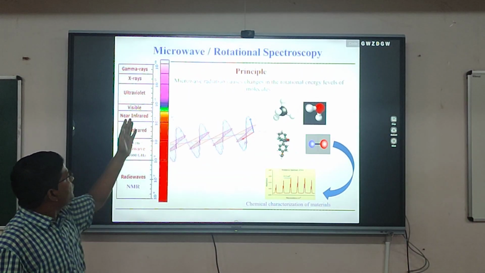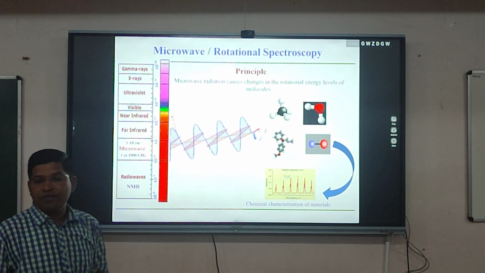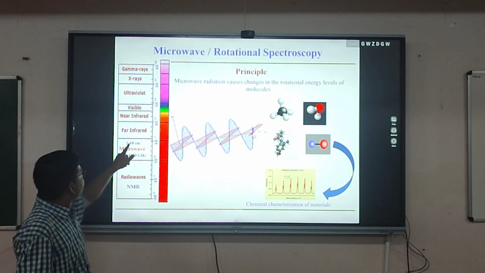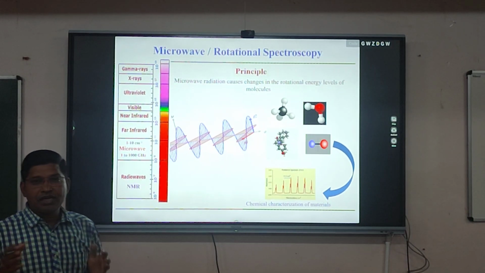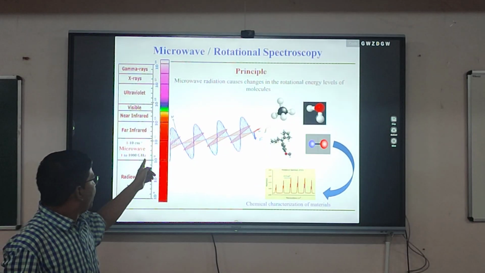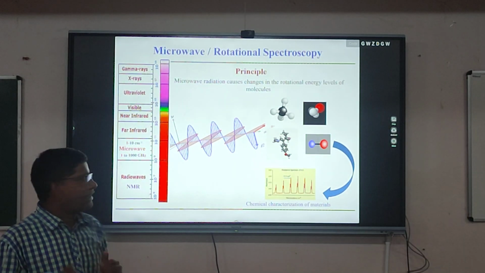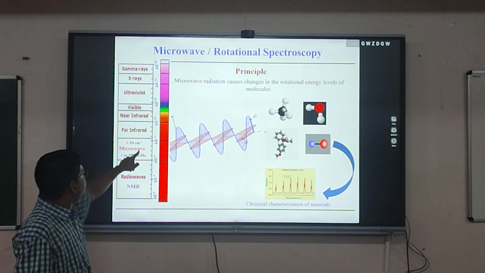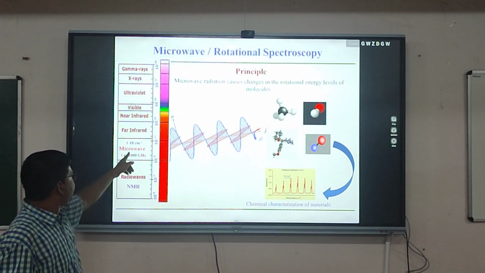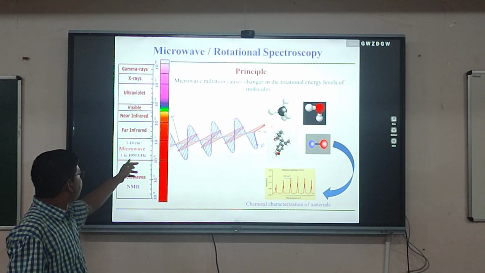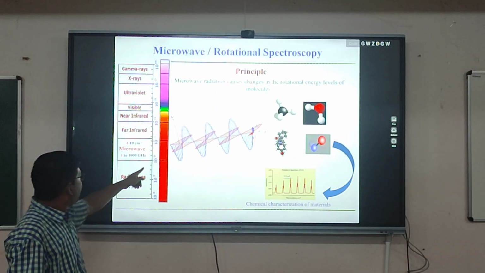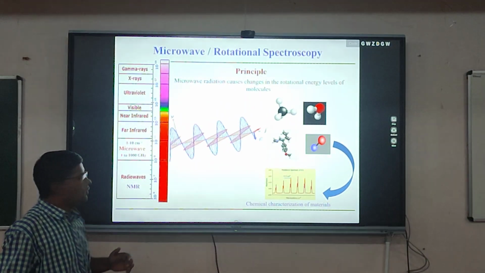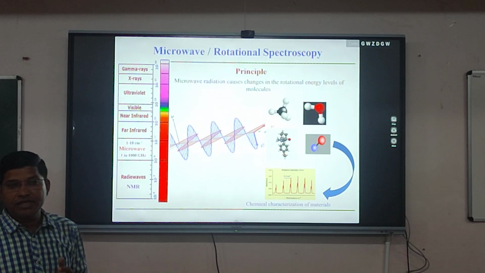Now in this lecture, we should know the principle of microwave spectroscopy. In microwave spectroscopy, the wavelength of electromagnetic radiation is in the region of 1 to 10 centimeter, and the frequency used is 10^9 to 10^11 hertz, or 1 to 1000 gigahertz.